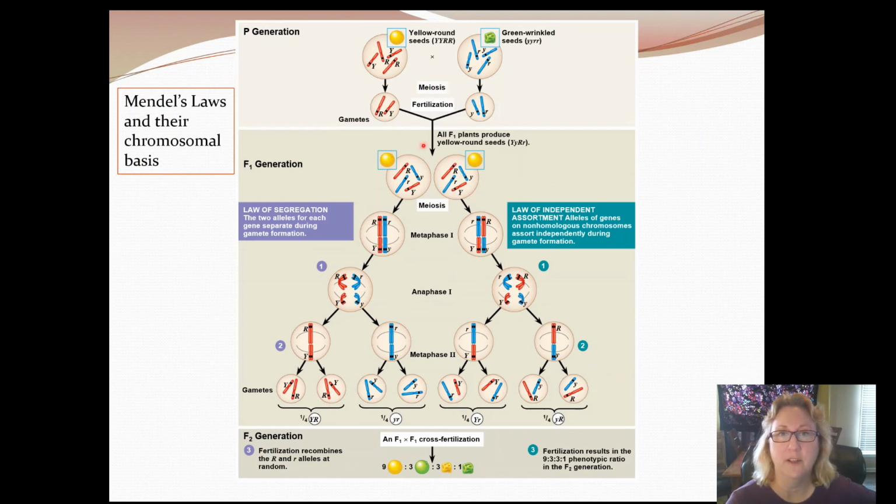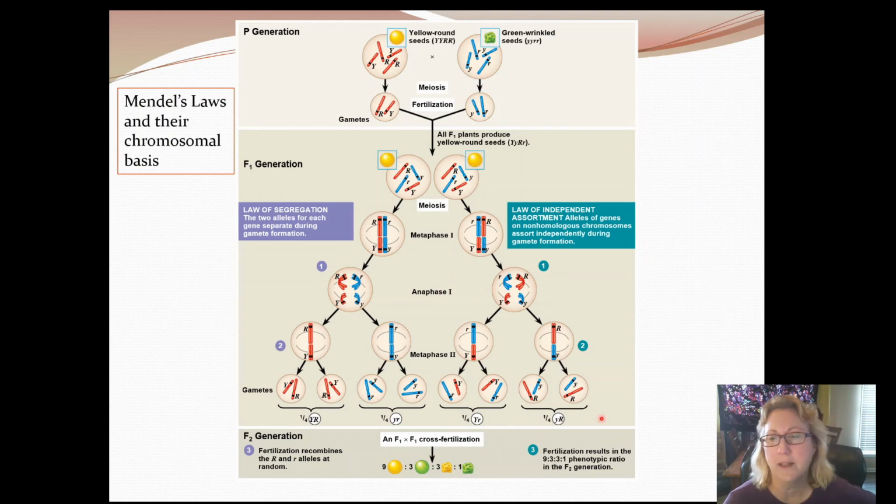So if we have our gamete formation down here, we have gametes that have 1 copy of each dominant trait, 1 allele for yellow, 1 allele for round. We are going to expect gametes that have both recessive traits, 1 recessive green and recessive wrinkled. We're going to expect gametes that have 1 dominant and 1 recessive of each, so yellow and wrinkled, and round and green.